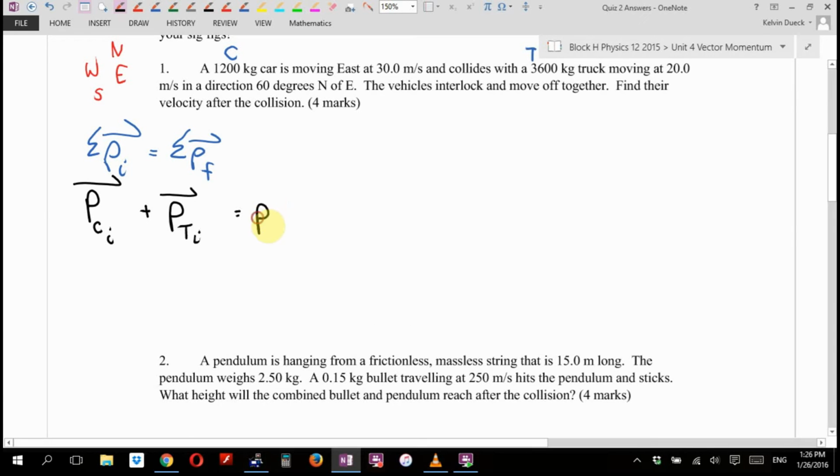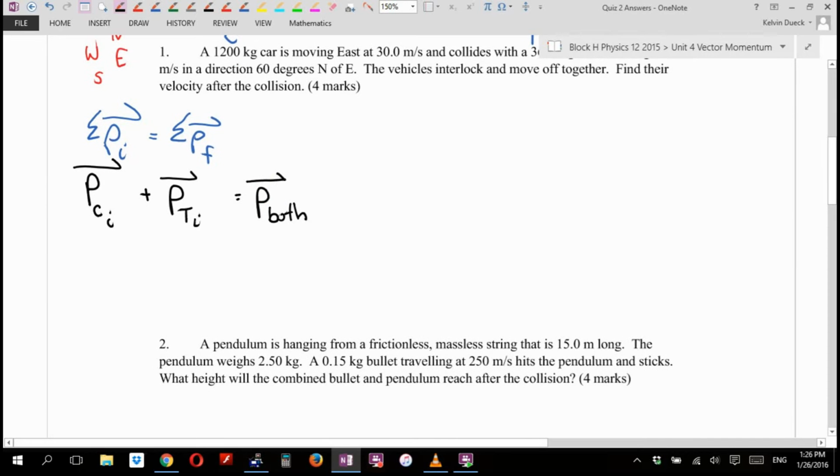What's the fancy word for when they stick together? Inelastic. Okay. Angles?